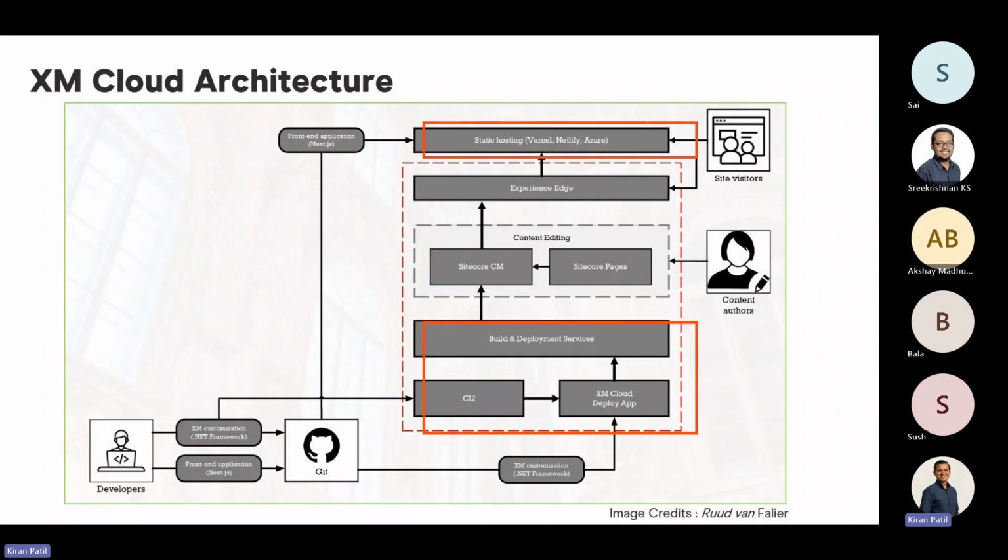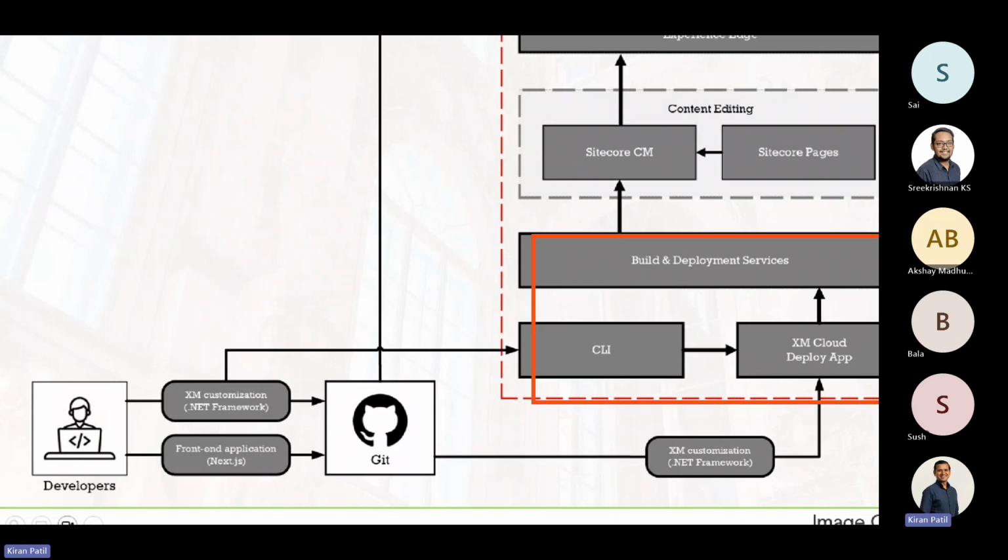This is the architecture diagram which we reviewed in the first session, in case you didn't attend it. This is the whole XM Cloud architecture, where as a developer you'll have your code repo on either GitHub or Azure DevOps. Your customizations are twofold.